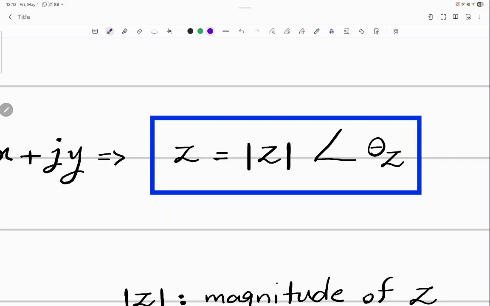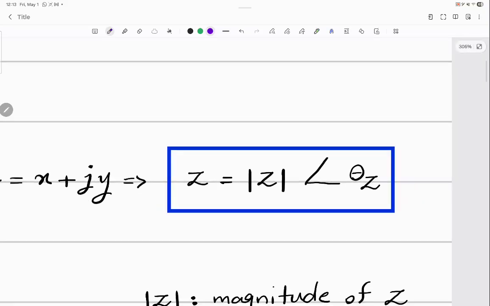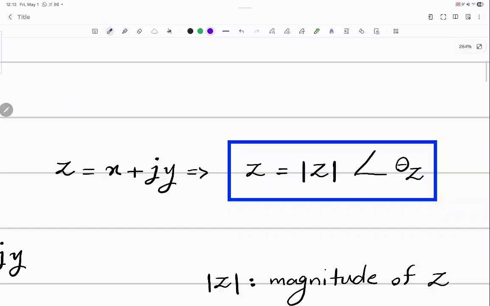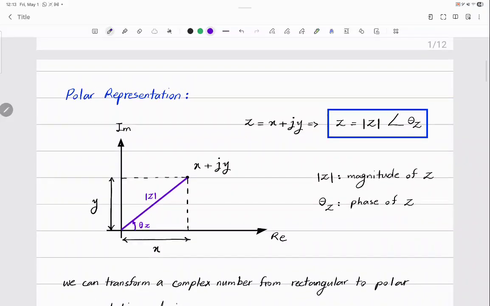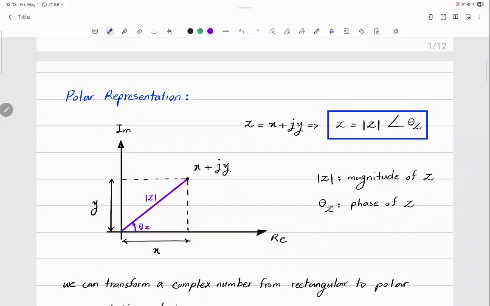And your calculator most definitely has this one. Any problem so far? Anything confusing? Okay. So this is called polar representation. The previous one was called rectangular or Cartesian representation.